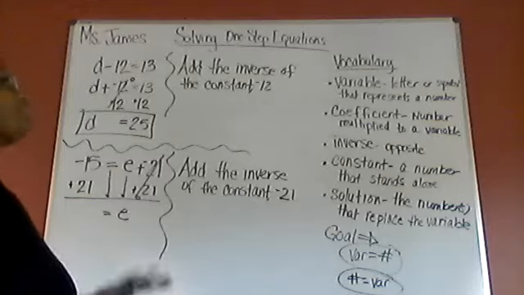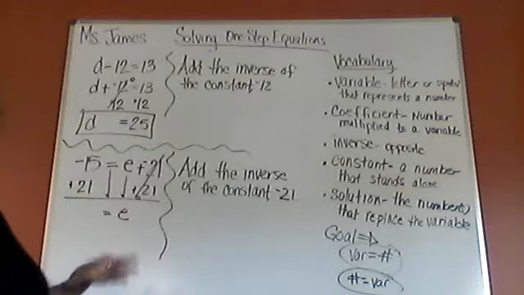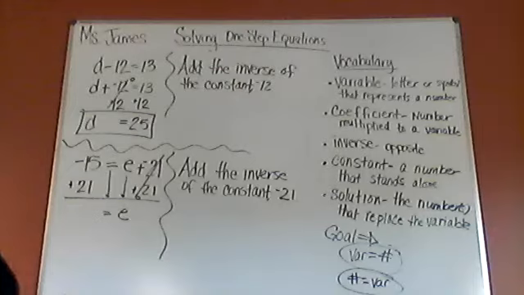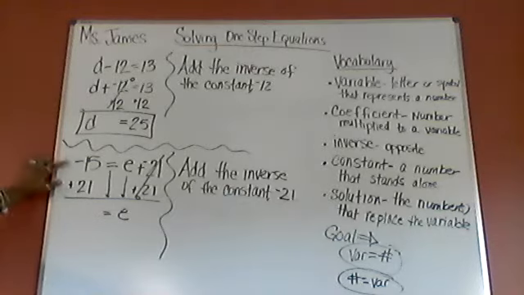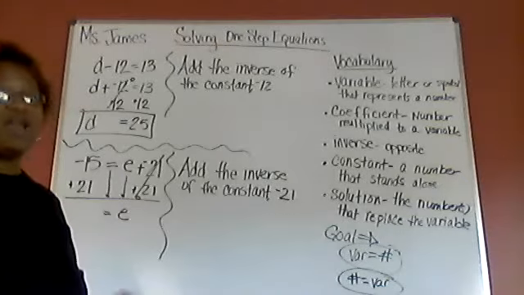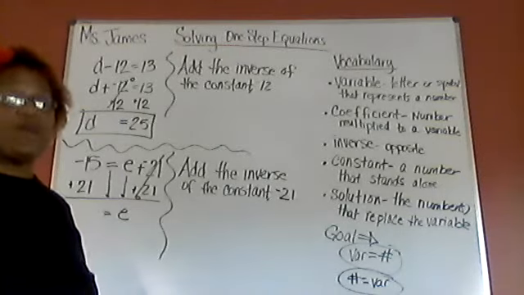Okay, now this is where you got to know about those integers. You just can't get to algebra or pre-algebra or whatever and forget about your integers. You got to still use those rules. So here we got an integer negative 15 and we got a positive integer 21. When we have different signs, because one is negative and one is positive, we're going to subtract and take the sign of the higher absolute value.